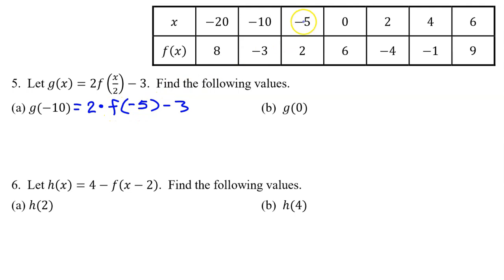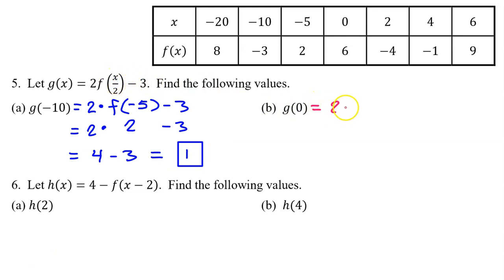So what is f at negative 5? Well, here's negative 5, and here is f at negative 5. So this is going to become 2 times 2, and then minus 3. So we get 4 minus 3, which equals 1. Part B, g at 0. Let's plug in 0 for x right here.